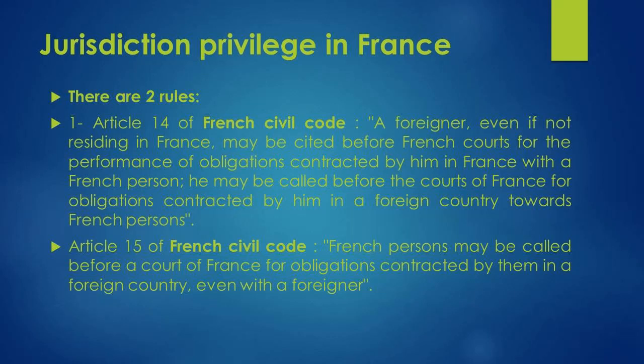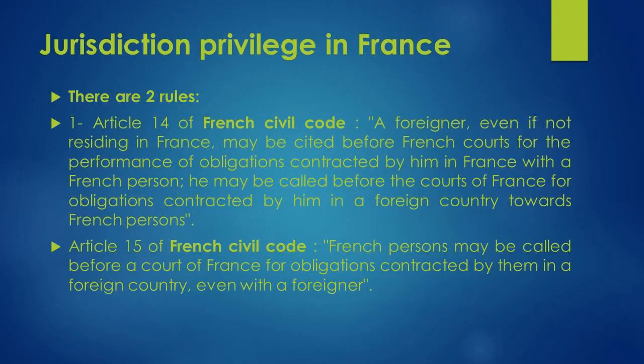In Egypt it's Article 28, previous to the general rule, and in France it is Articles 14 and 15 of the civil code, and the civil code, not the procedural law. In Egypt it's procedural law as usual, but in France the jurisdiction privilege is in the civil code.